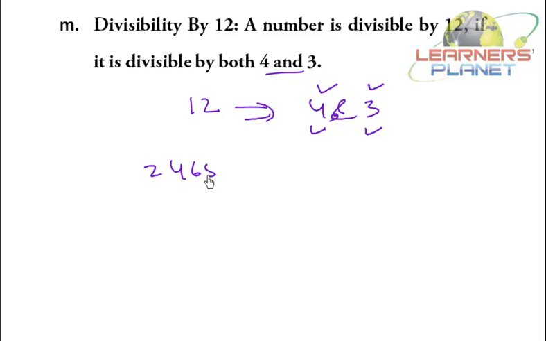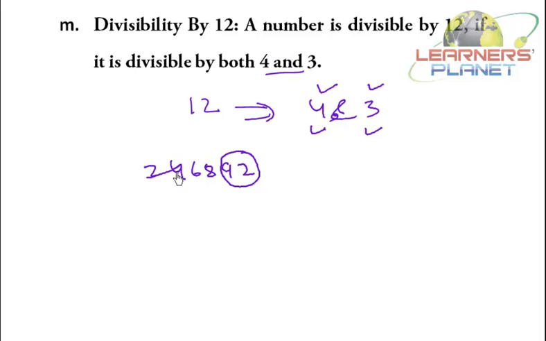2, 4, 6, 8, 9, 2. Let's take this example. First of all, we are going to apply the divisibility test of 4. So last 2 digits we have to see. Here we are having 92 and 92 is divisible by 4. So the complete number is divisible by 4. Now let's check for the divisibility by 3.